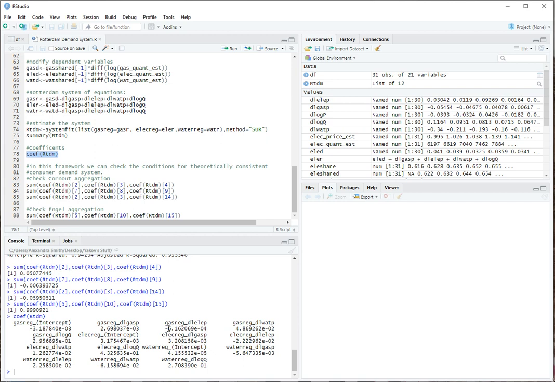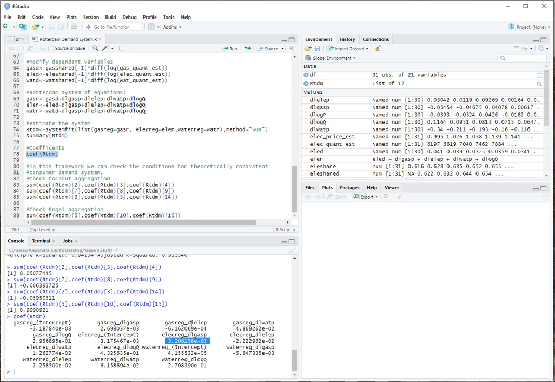Gas on electricity price is negative 6.162. If we look at electricity on gas, that's going to be something positive. That's very, very strange.